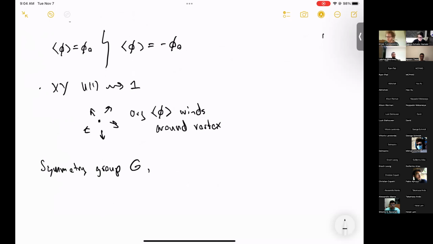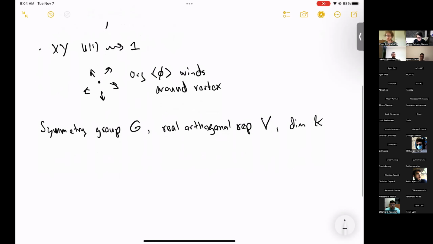And we'll have a real orthogonal representation, which for this talk will be called V, which will be of dimension K. So I'm thinking about V as the space of the order parameters. They're Hermitian observables, so they have a real structure. So this is going to naturally have an orthogonal representation.